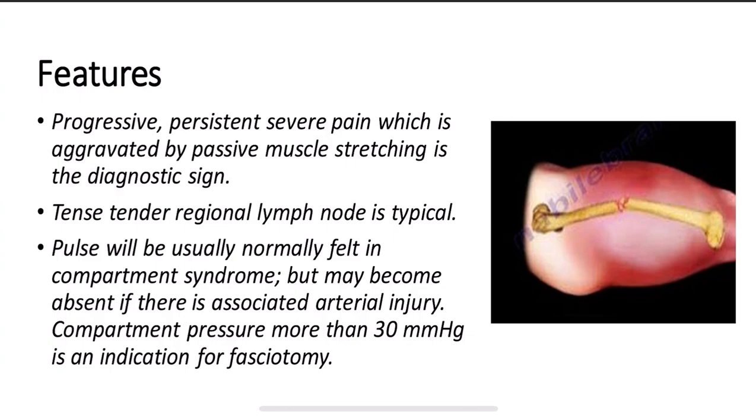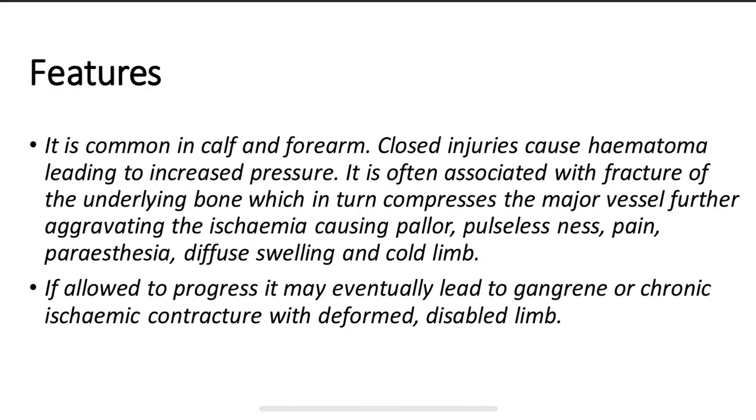Compartment pressure of more than 30 mmHg is an indication for fasciotomy. We'll be discussing fasciotomy in detail in the upcoming slides. So remember, when the pressure exceeds 30 mmHg, we have to go for fasciotomy.